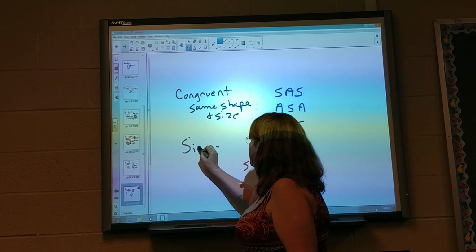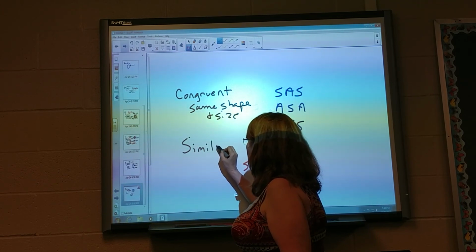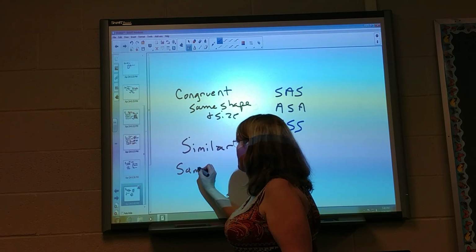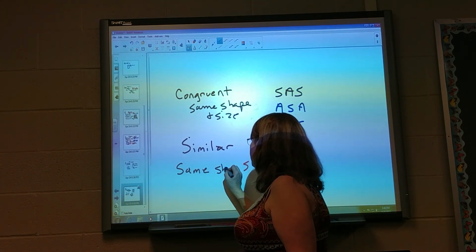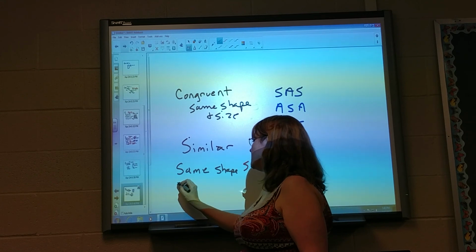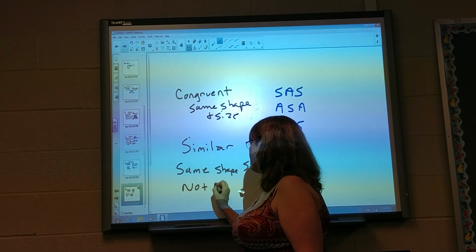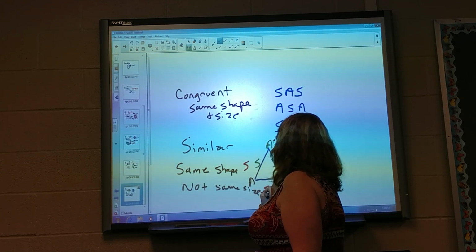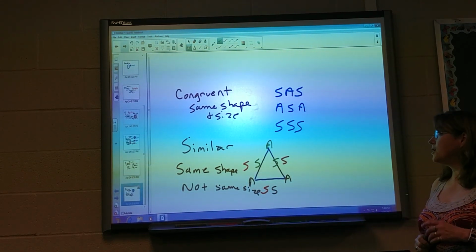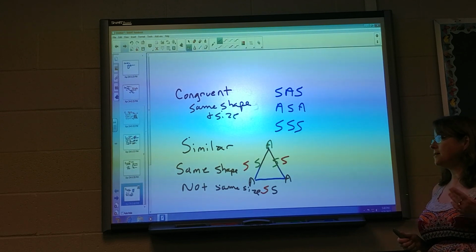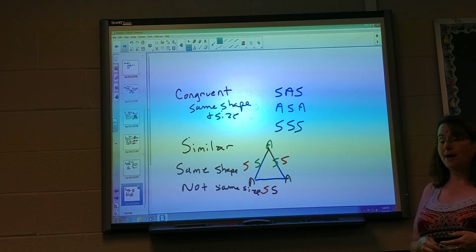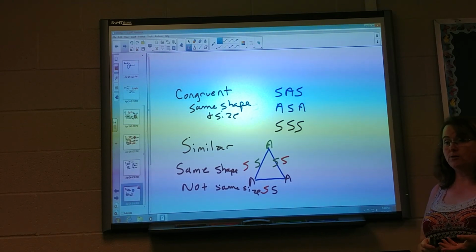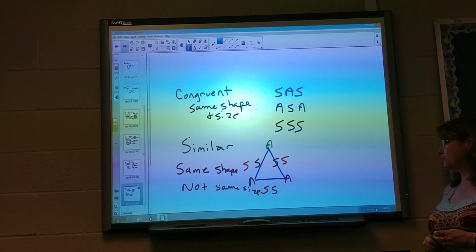Similar means the same shape, not necessarily the same size. So, congruent means the same shape and size, similar means the same shape but not the same size. So they might use those words and ask you a question. So understanding math vocabulary is really, really important.